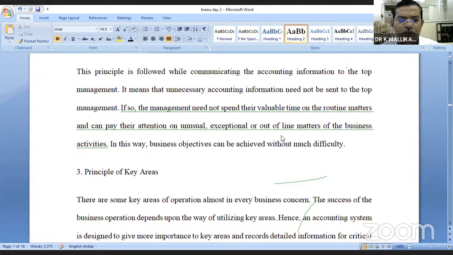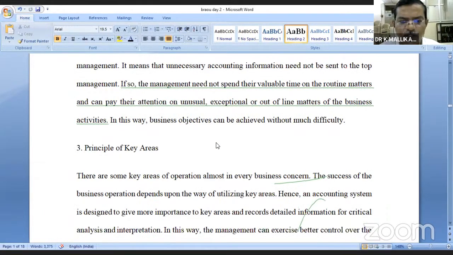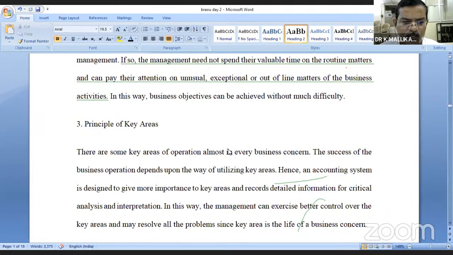And the principle of key areas. In financial accounting, plenty of data is available, but out of it we pick the key areas, like company sales and company cost, and some very important areas like interest coverage ratios and debt-equity ratios, and how they compare with the industry.